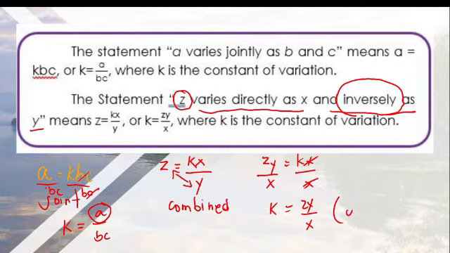This is now our formula for the constant of variation. We are just deriving our formulas by applying the different properties of equality.